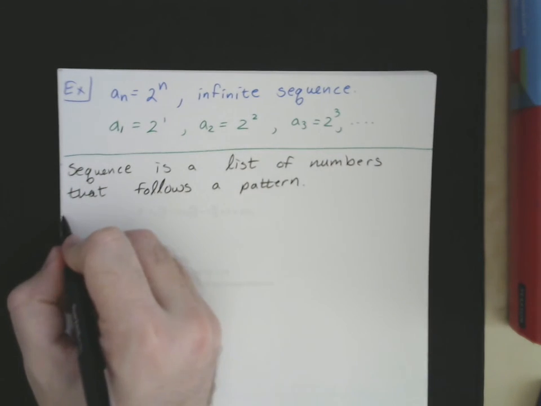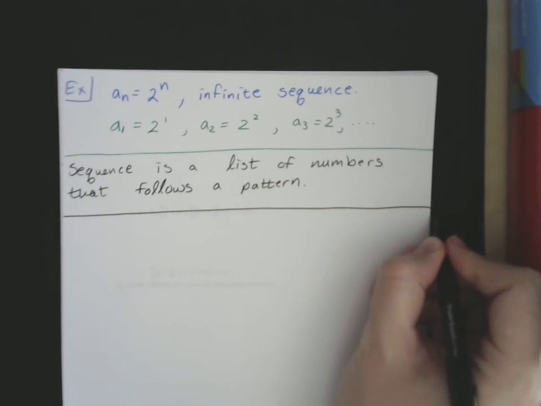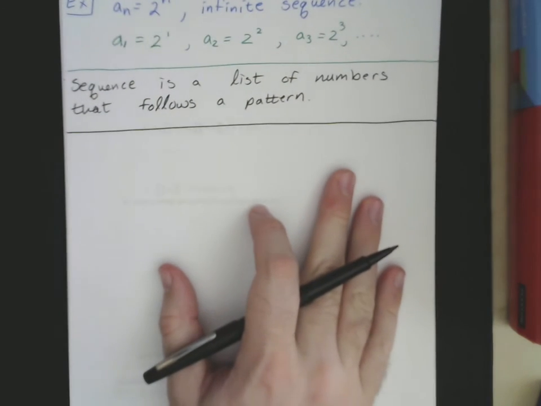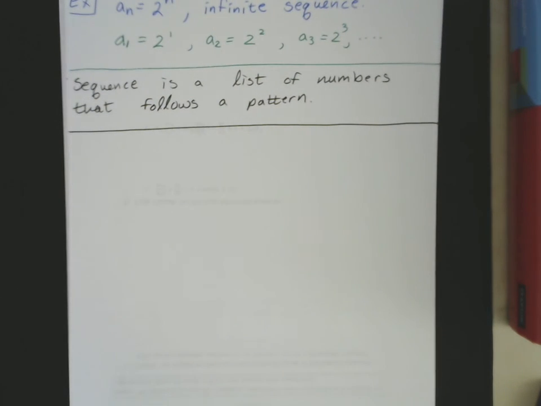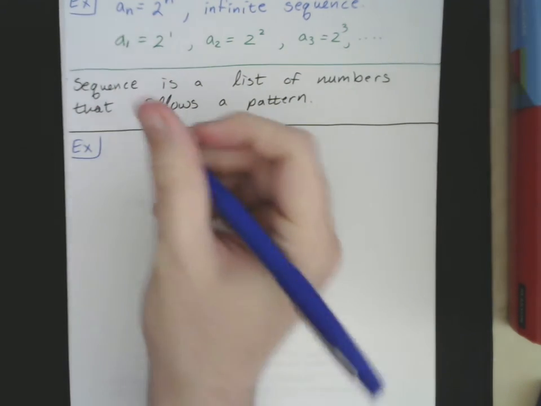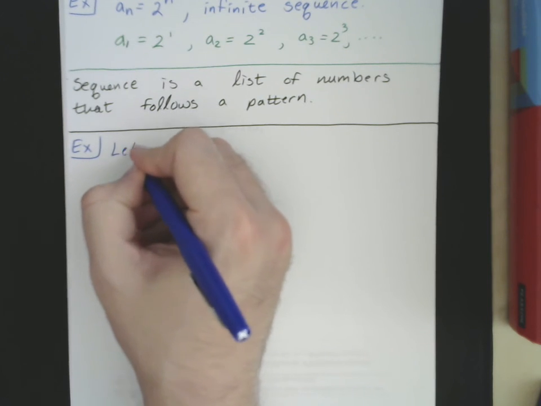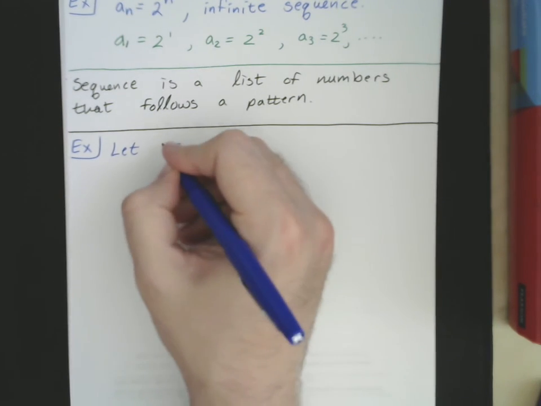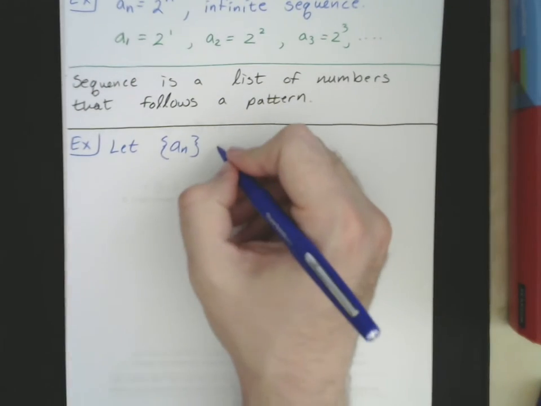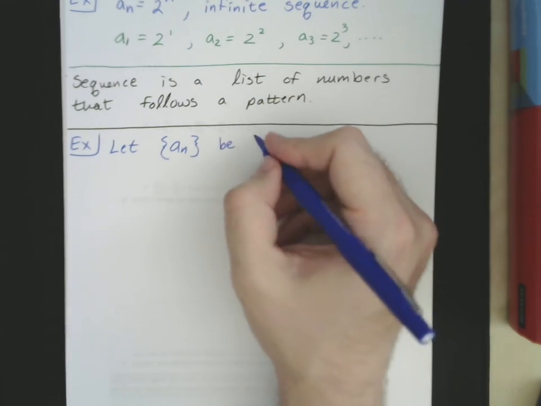Sometimes that pattern can be just a paragraph describing it. And one of the bigger things that we do in mathematics when we're dealing with sequences is trying to identify that pattern, because once you know the pattern, you can get any term you want. So a very common question that you'll see is let a sub n, so when you see the curly braces like this, that's your clue that this is a sequence.